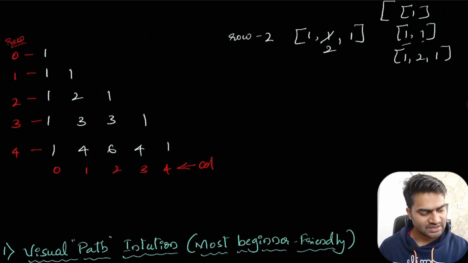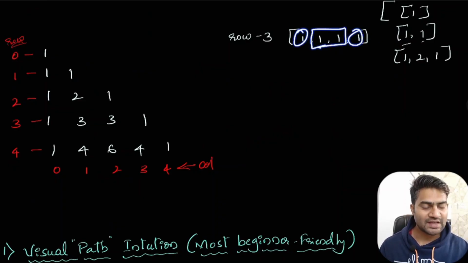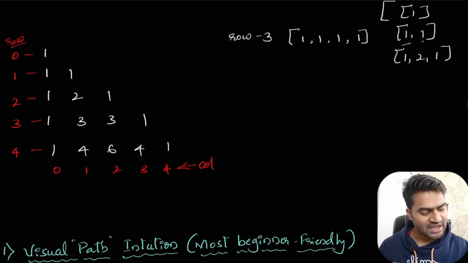Okay. Next one is row 3. If it is row 3, 3 plus 1, so basically 4 values, and fill it with ones. This is how I first generate. Then I will have to ignore the first value and last value, but consider the in-between values. For that, I will start from the first index and iterate until one value less than 3.